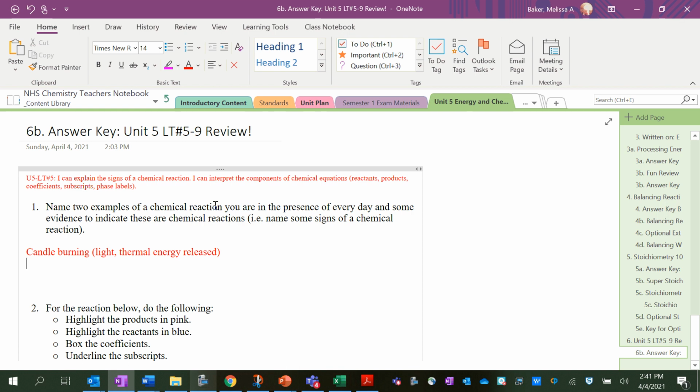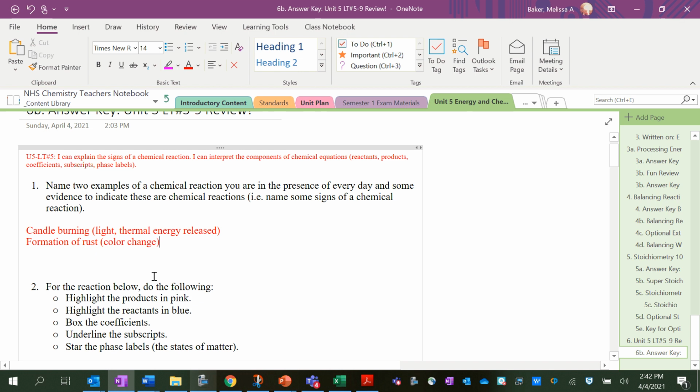I know one that I'm going to say is formation of rust, because you see that just around things getting rusty, nails and things like that on my back deck. So that is a color change in that formation of rust. It's turning from like a steel color to like an orange color.